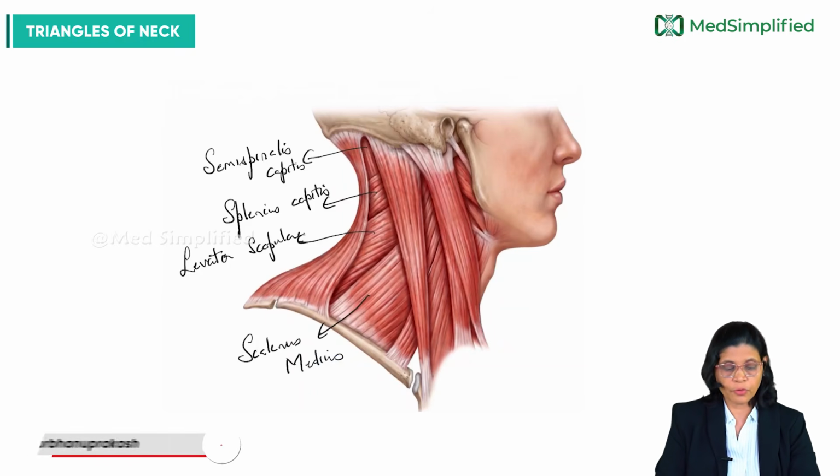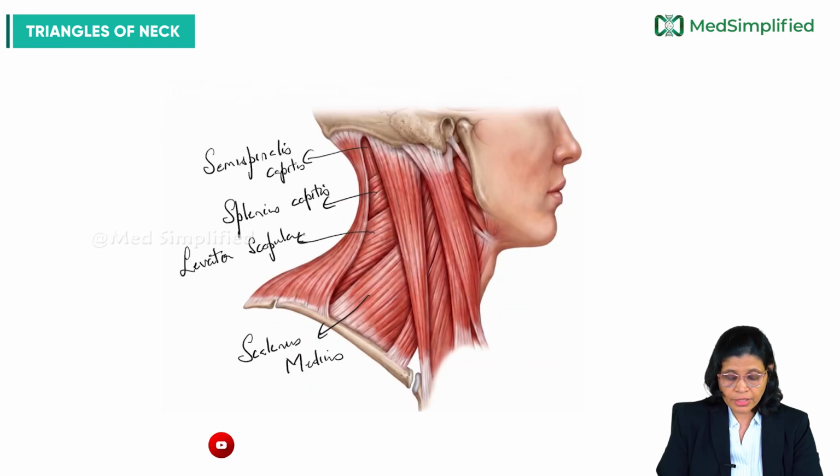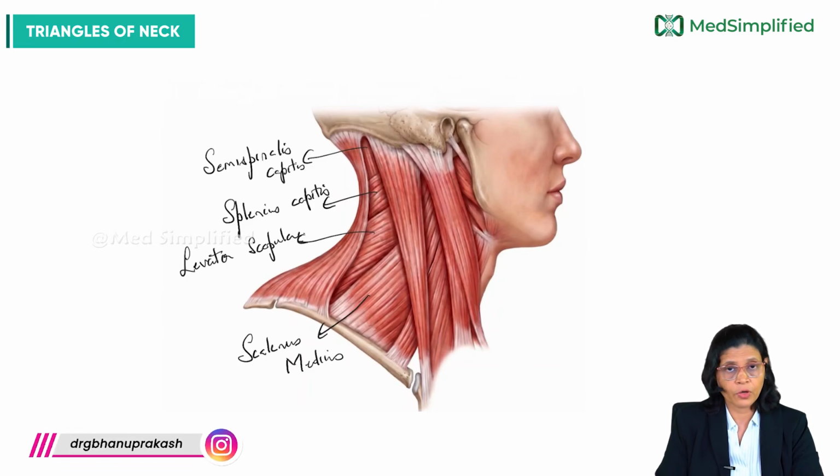These four muscles form the floor from above downwards. Sometimes we can also see the first digitation of serratus anterior. These muscles are covered by the prevertebral layer of the deep cervical fascia, and that forms a fascial carpet of the floor of this triangle.